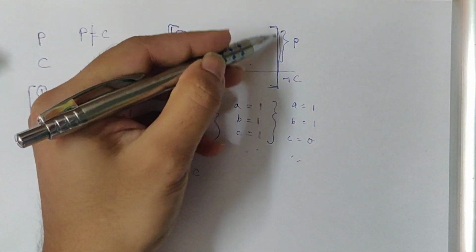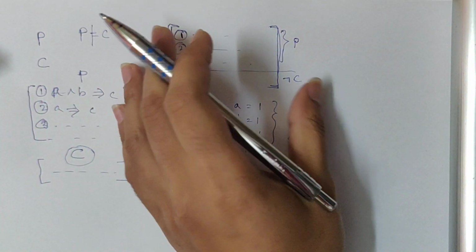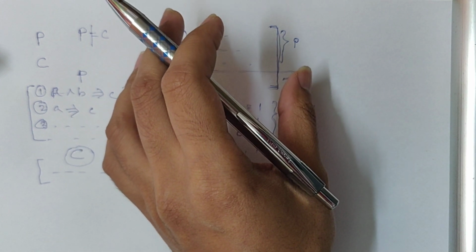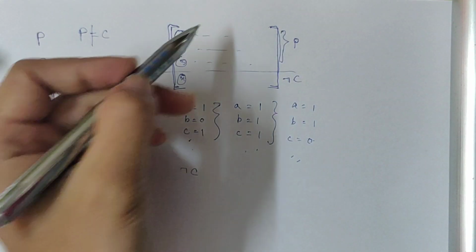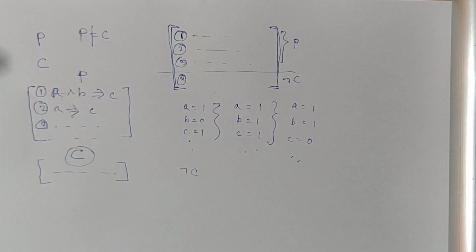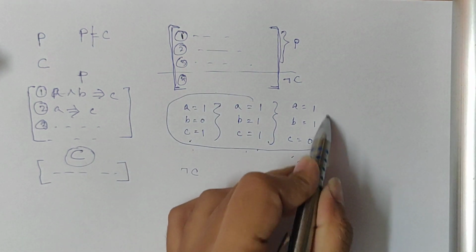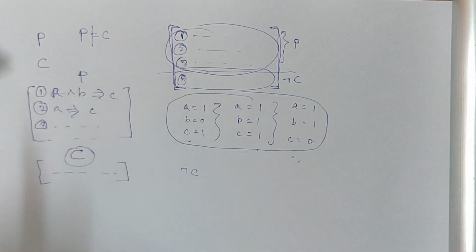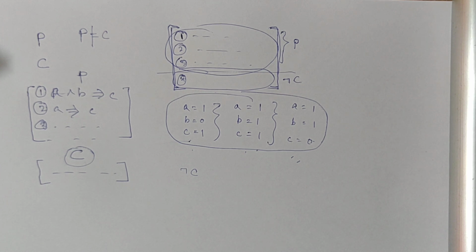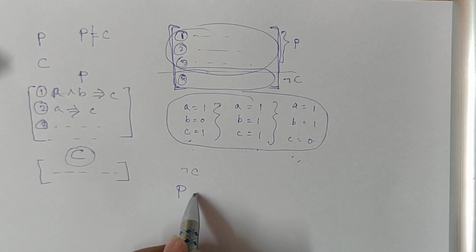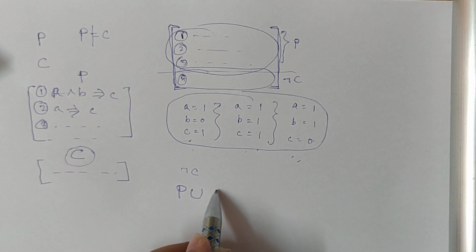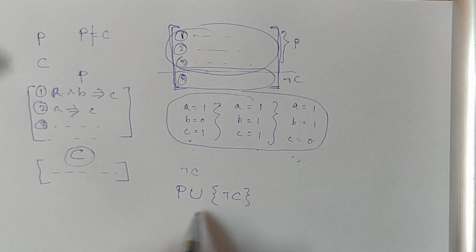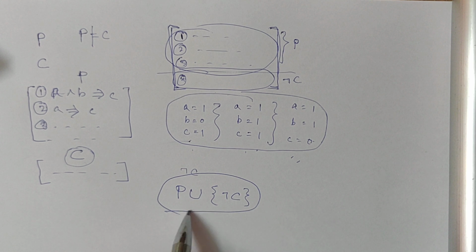So when I make up a new set of sentences and find out which truth assignments satisfy this new set, I will find none, because there are only these three assignments that can satisfy P, and these three will never satisfy the negation of the conclusion, not C. So I can say that the set of sentences P union not C, why I have used union, this is a set, right?